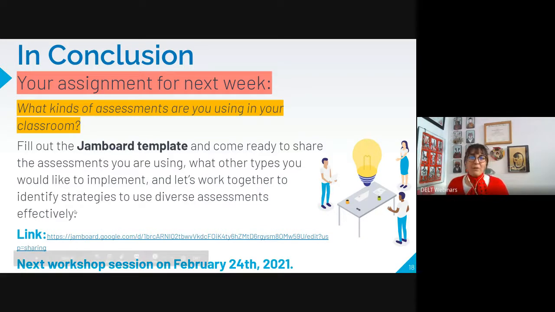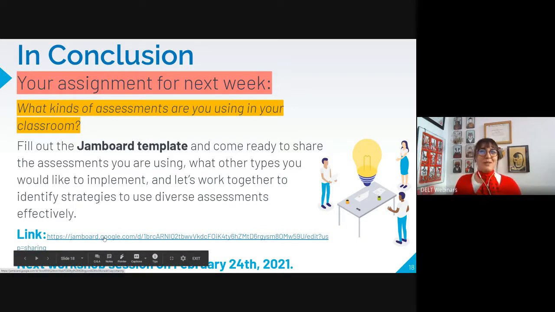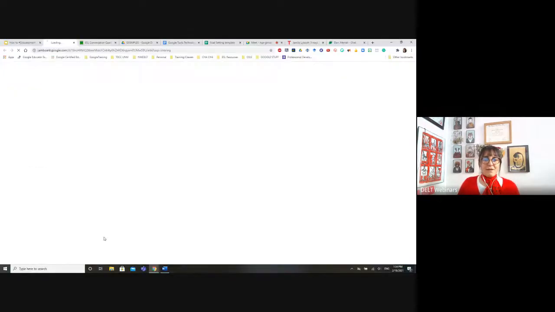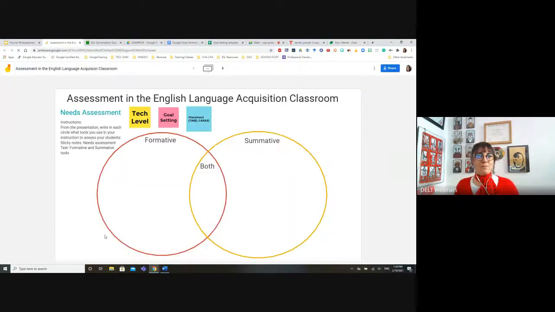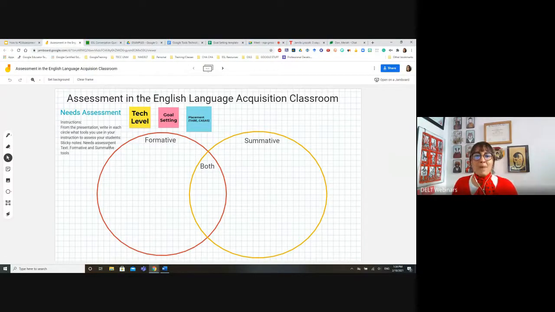The last thing we want to encourage you to do and bring ready for next week: we created this Jamboard. I don't know if you are familiar with it, but what we want you to do is think about your class, and here we put the instructions. If you're not familiar, go to the left. You're going to find the toolbox, with all the tools that Jamboard offers. Here is the sticky note.